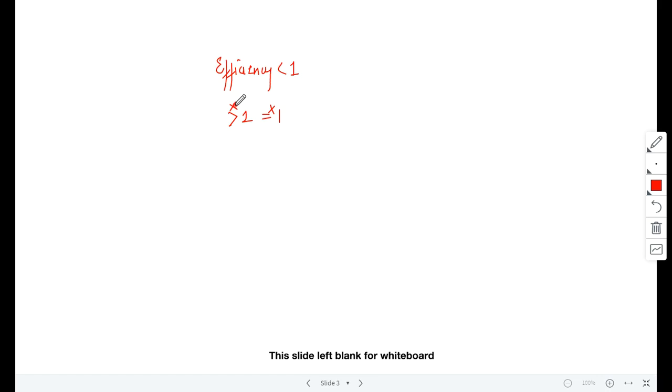Or, if you supply 10 joules of energy, it cannot give you an output of 100 joules, greater than what you are supplying. That's also not possible. So it is always less than 1 or 100%. This is the conservation of energy. If it happened, it would violate the law of conservation of energy.